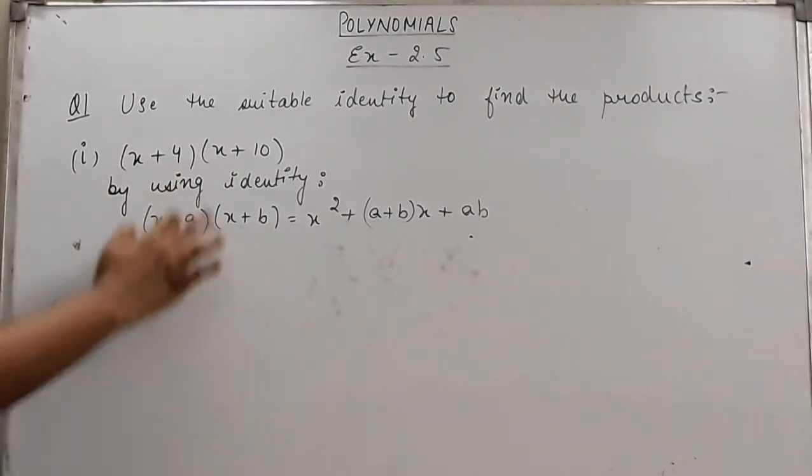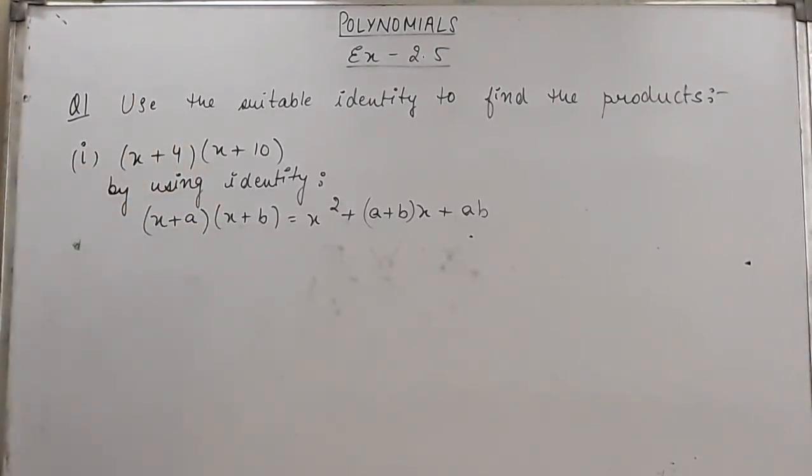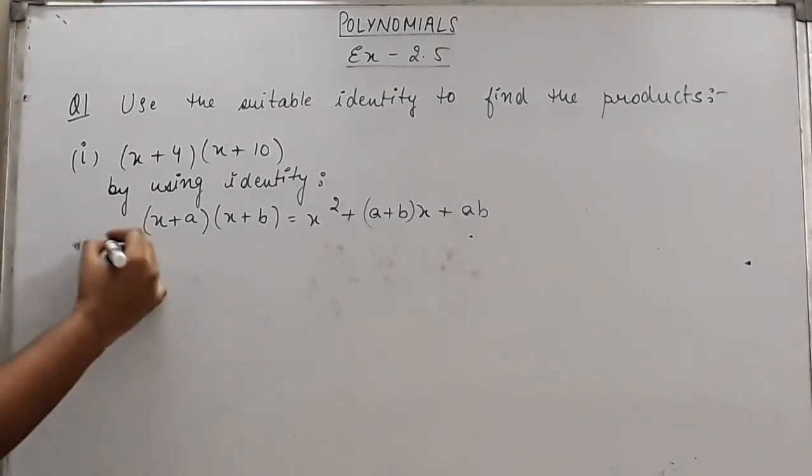This expression is already written here. You just convert it into the right hand side. How? Just consider a is 4 and b is 10, so x is x only.